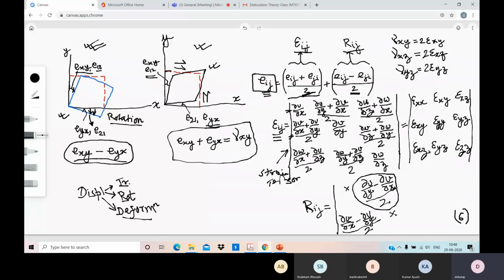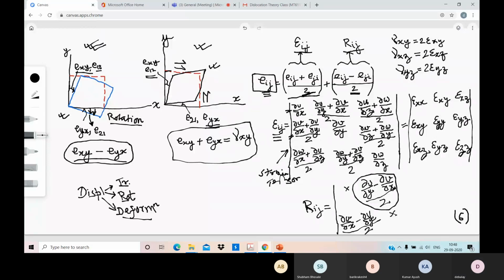Okay, come down to the first term of the second row, as I have hatched. What is that term? That term is basically Eyx. So what is Eyx? Eyx means del v del x.